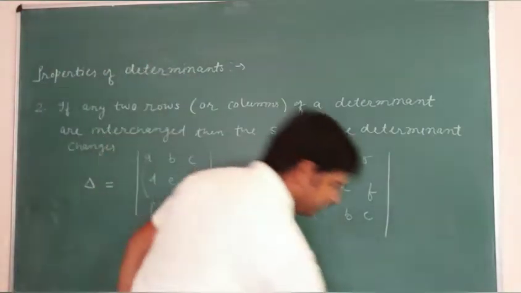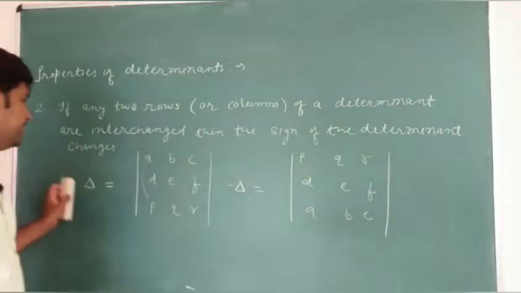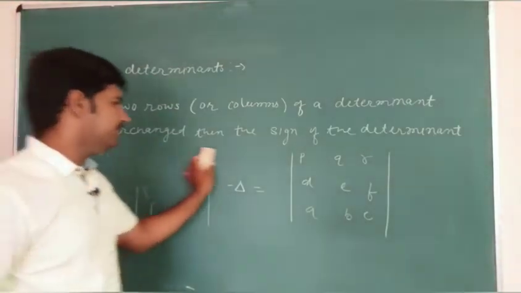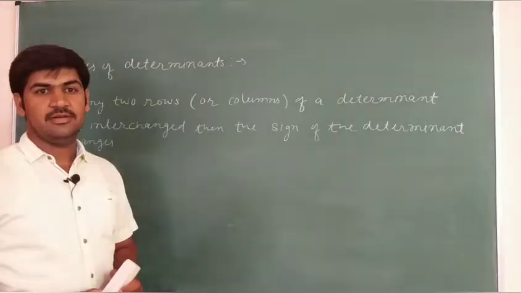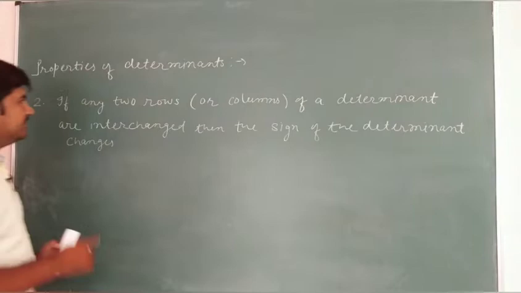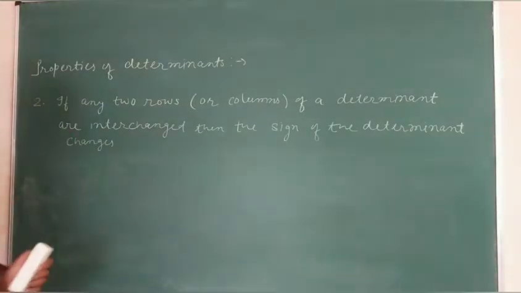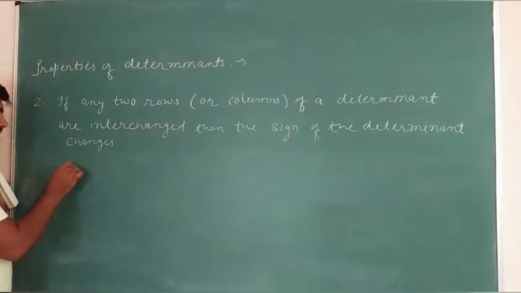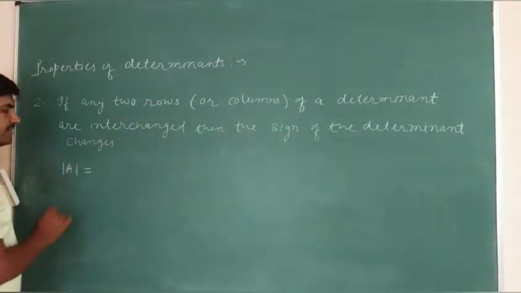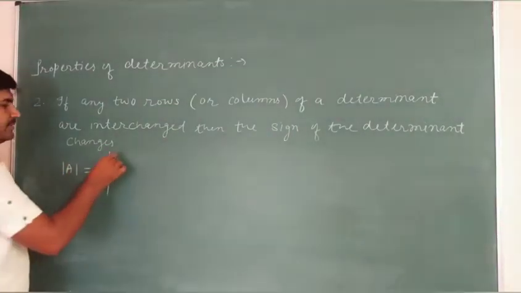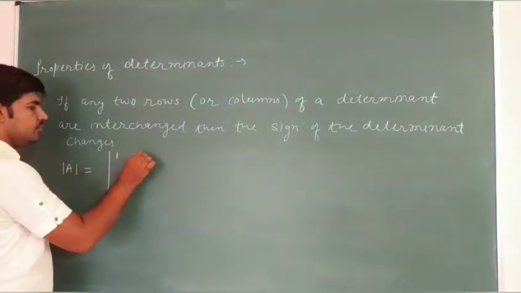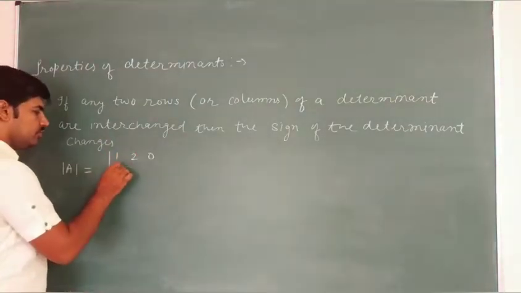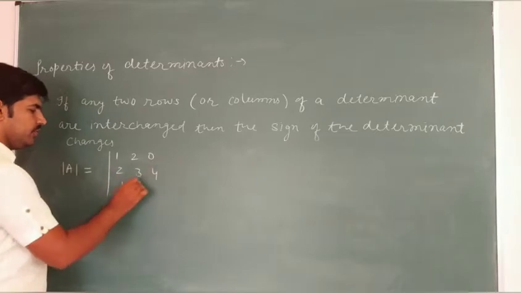We will be verifying this property by taking some illustrative examples. Let us now verify the second property of determinants by taking an example. Here I am taking a determinant. The determinant of A is equal to, suppose, 1, 2, 0, 2, 3, 4, 1, 1, 2.